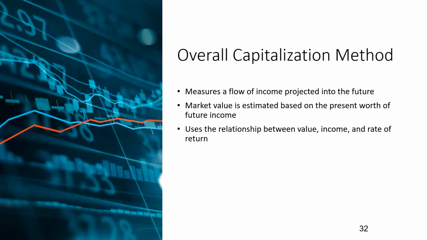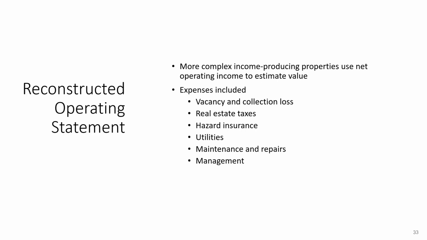The overall capitalization method measures a flow of income projected into the future. Market value is estimated based on the present worth of future income. It uses the relationship between value, income, and rate of return. Reconstructing an operating statement: more complex income-producing properties use net operating income to estimate value.